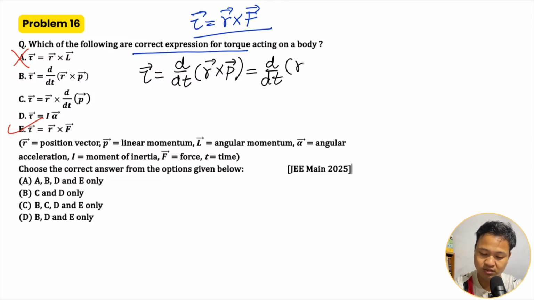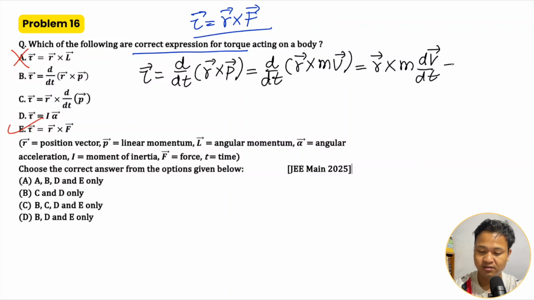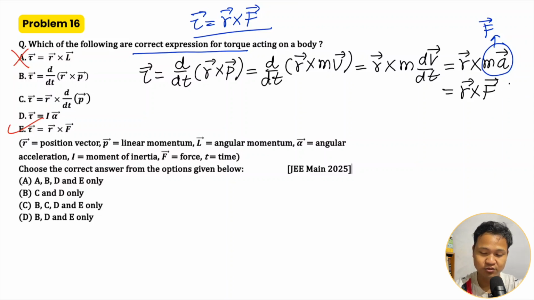P is mass into velocity, so R cross mass into dv by dt. dv by dt is acceleration, and m into a is force. So therefore this is R cross F, which means this is correct, so option B is correct.